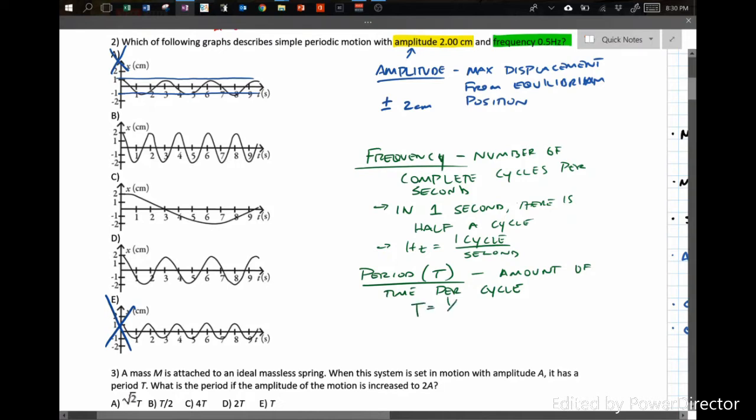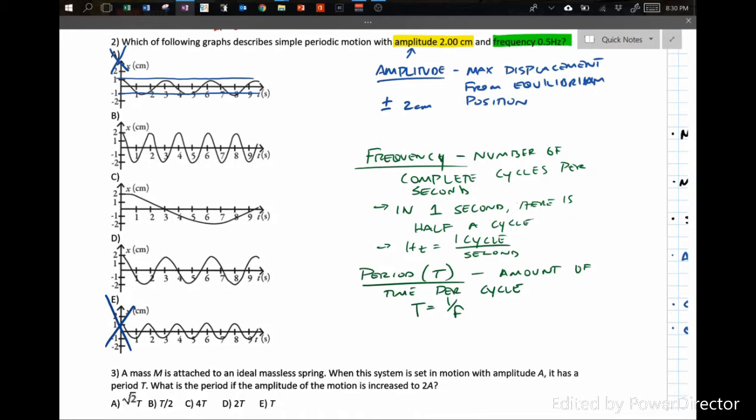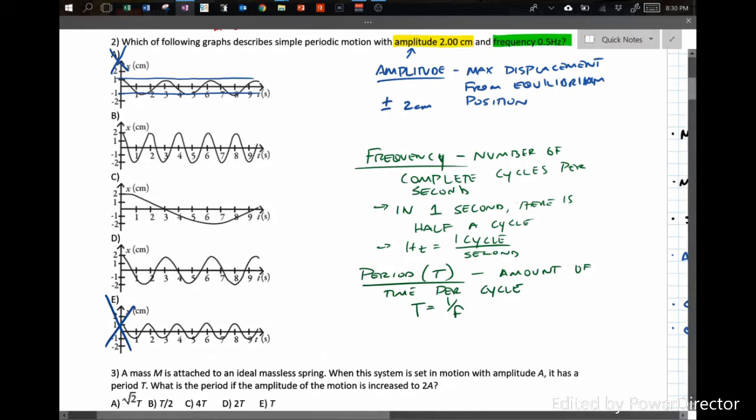So the period is the inverse of the frequency. I like looking at the period better on graphs like this because we can see an entire cycle much easier than we can see what's going on in just 1 second. So in this case, the period is going to be 2 seconds per cycle. We'll go back and calculate that. The period is 1 over the frequency, so that's 1 over 0.5 hertz, giving me 2 seconds per cycle.